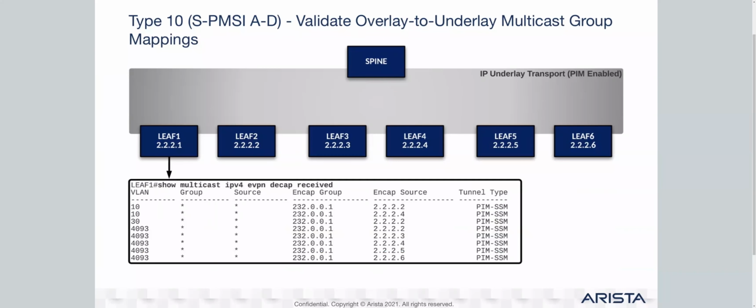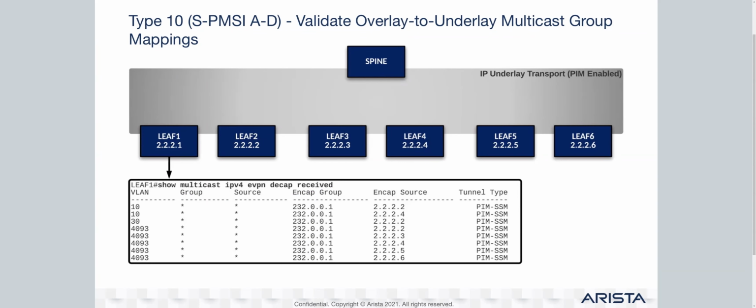And so the next question is, how do we actually see this stuff? So the type 10 routes are there. Outside of doing show BGP EVPN route type 10 SPMSI, can we just run a show command to see what those mappings were? And the answer to that is yes. So if we go on Leaf 1 over here, and we ask, hey, Leaf 1, what overlay to underlay multicast group mappings have you received via type 10 routes? That's what this command will ultimately give us.